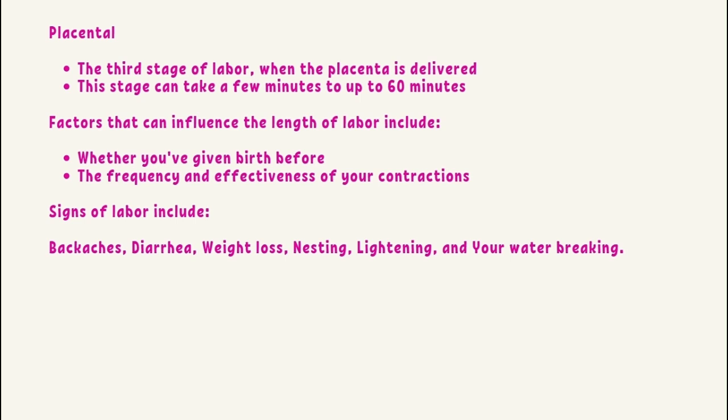Now anyways, the factors that influence the length of labor: whether the person has given birth before, or the frequency or the effectiveness of the contractions. For example, if the contractions are strong from the get-go, bam bam bam, then you push out the baby quick and fast.